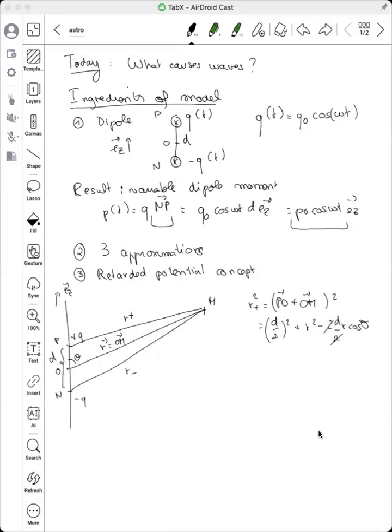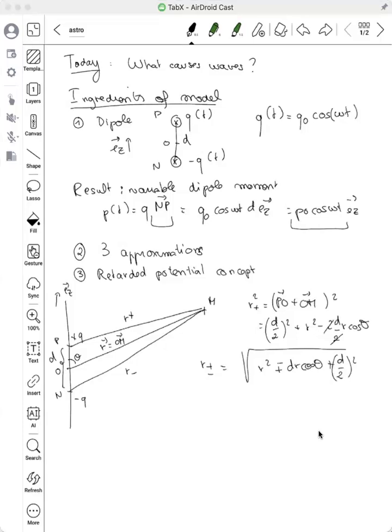We did the same for r minus, and we derived the following, that r plus or r minus is equal to the square root of r squared minus or plus d r cosine theta plus (d over 2) squared. And of course we will neglect terms, etc.